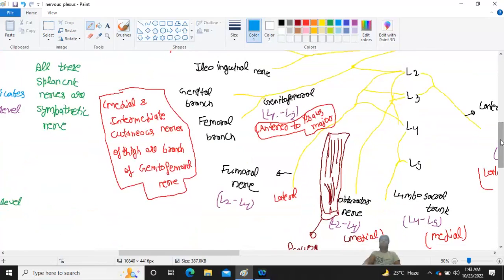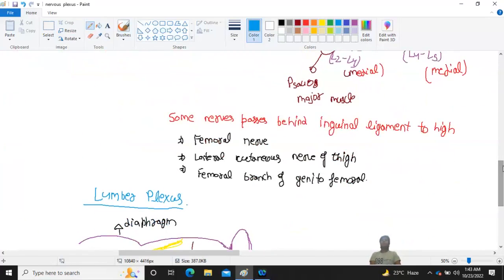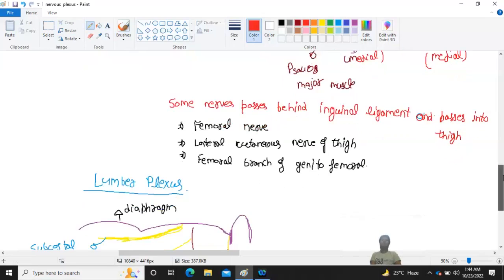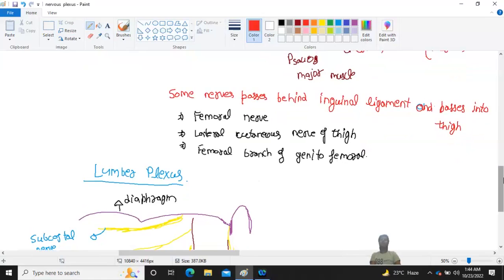Some go behind the inguinal ligament and pass into the thigh: the femoral nerve, lateral cutaneous nerve of thigh, femoral branch of genitofemoral.